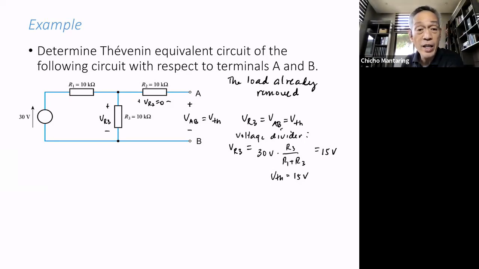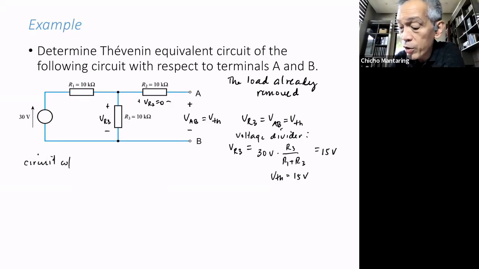Okay, what is our Thevenin resistance? So unang-una, we get the equivalent circuit of this with our independent sources suppressed. So how do you suppress a voltage source? You replace it with a short circuit. So this circuit with the sources suppressed will look like this, ano?